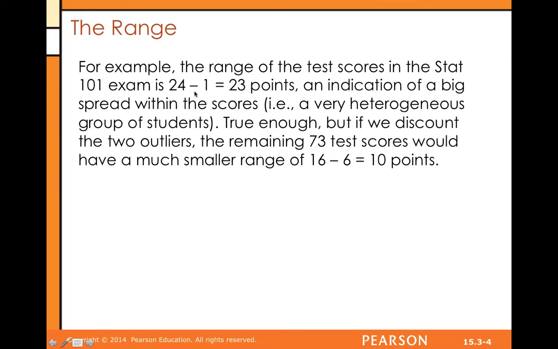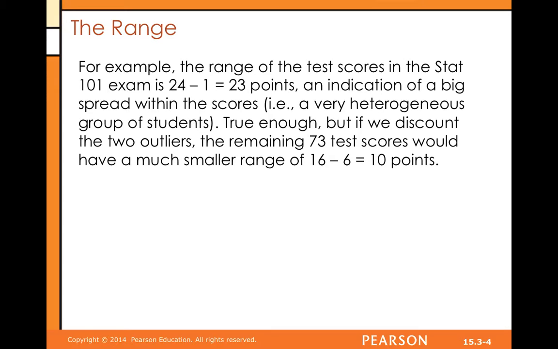Biggest score minus smallest score is 23, which indicates that there's a big spread, because remember, this exam was graded out of 25 points. So the range here is almost equal to the total number of possible points. So if all I told you was, oh, the range is 23, you might conclude, wow, that's a lot of spread. This data must be really spread out.